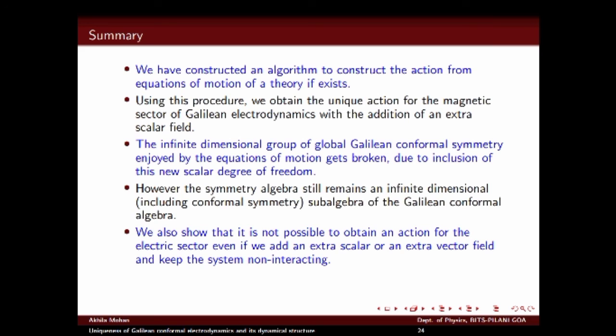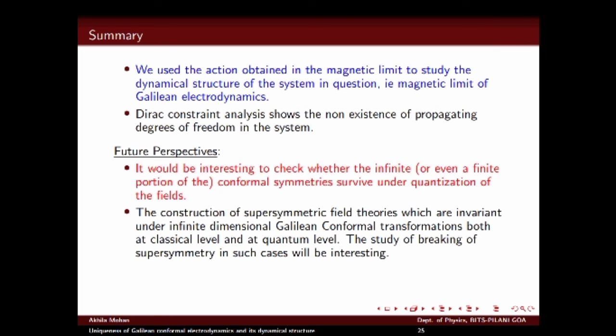But the symmetry algebra still remains an infinite dimensional subalgebra of the Galilean conformal algebra. And we showed that it's not possible to obtain an action for the electric sector of Galilean electrodynamics, and we have studied the dynamical structure, and the Dirac constraint analysis shows that there are zero propagating degrees of freedom for the system.